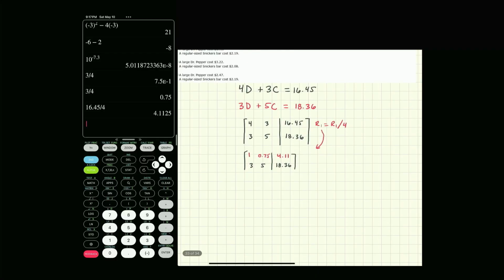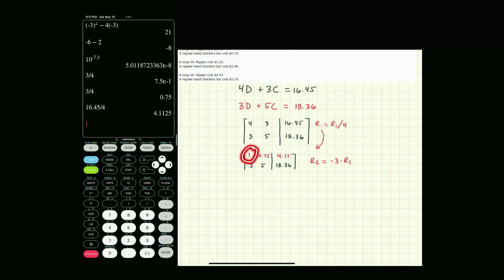Now we want to get a 0 in this spot here. Well, to get a 0, I need to add a -3 to this, because this is a positive 3, right? So maybe we'll say row 2 is going to be -3 times row 1.